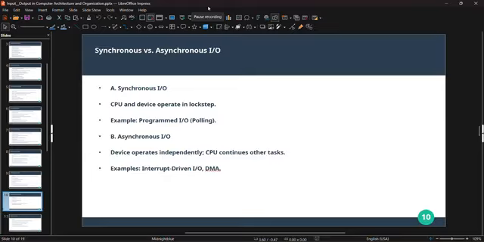Whatever inputs are going to the CPU, that's the same input going to the device. But for asynchronous, the device operates independently, and the CPU continues other tasks. Examples of asynchronous input output are interrupt-driven input output and direct memory access.